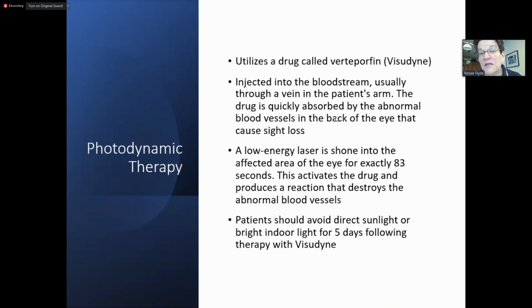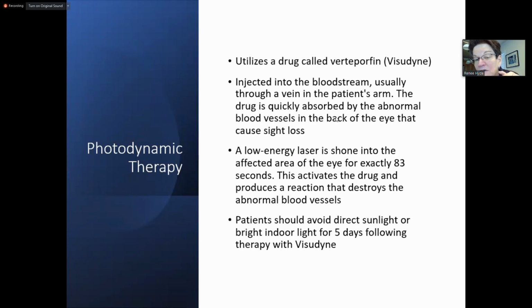Photodynamic therapy utilizes a drug called verteporfin, or Visudyne is the trade name for it. This is a med that's directly injected into the bloodstream, usually through peripheral IV, and it's absorbed by abnormal blood vessels in the back of the eye.